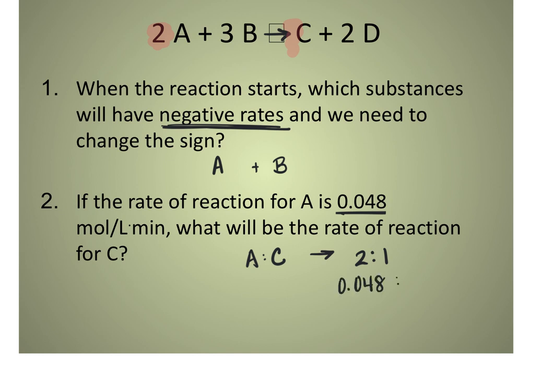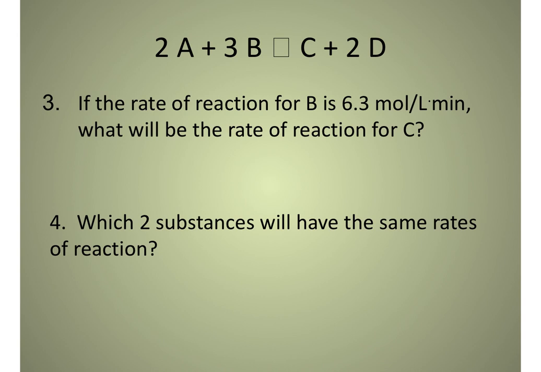So if I know that A is 0.048, the rate of C has to be half of that. So I'm going to halve it: 0.024, okay? Because our reaction rate is half as much for C as it is for A, that's why I halved this number. Let's try another one, okay?